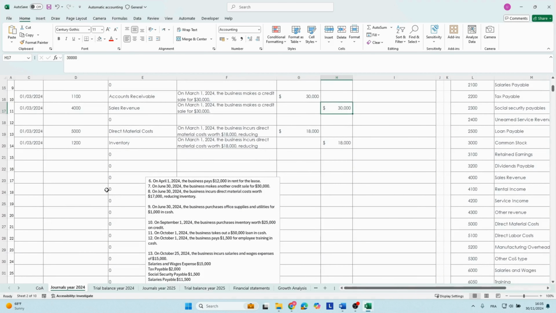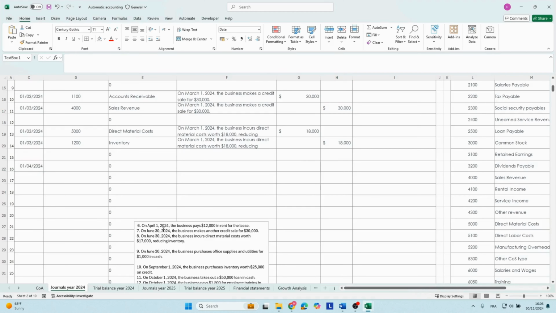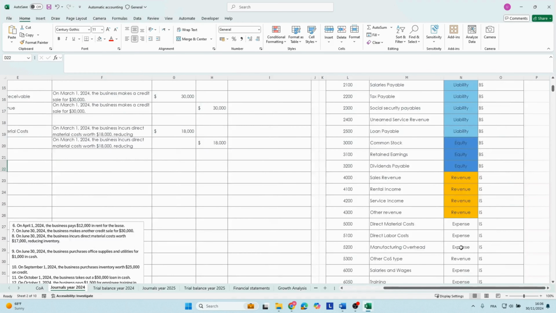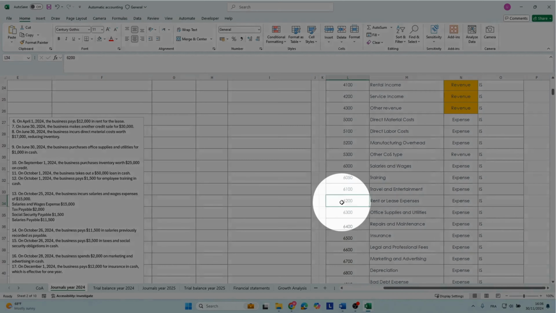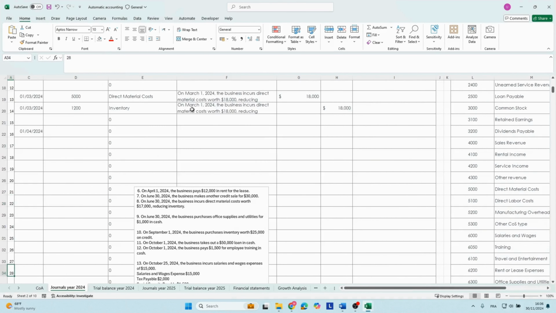Now let's move to the 6th April transaction. Here, on the 1st of April, the business paid 12,000. Here we will book the costs for the rent. This is lease expenses. We use the account 6200. Okay, let's go to accounting. So we use this account.